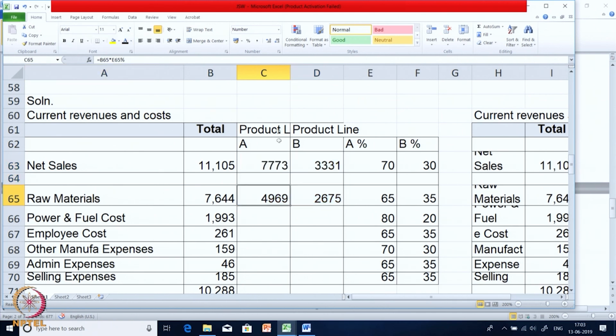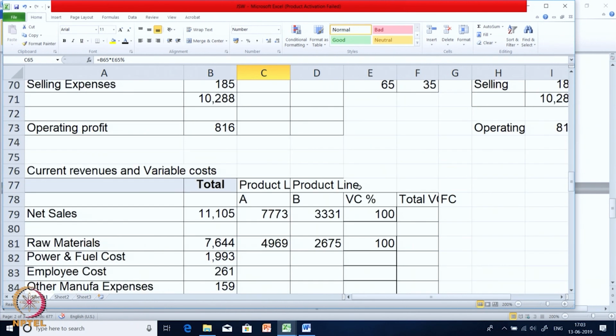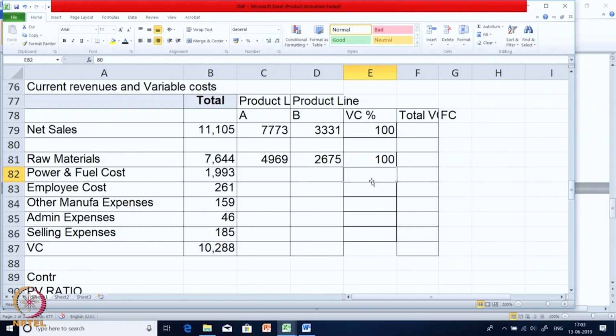For sales and raw material it is simple, but what will you do with power and fuel? First of all, you will have to look at the variable component, which is 80%, and compute the total variable cost. So the total cost is 1993. No problem as far as sales and raw material are concerned, because they were 100% variable.